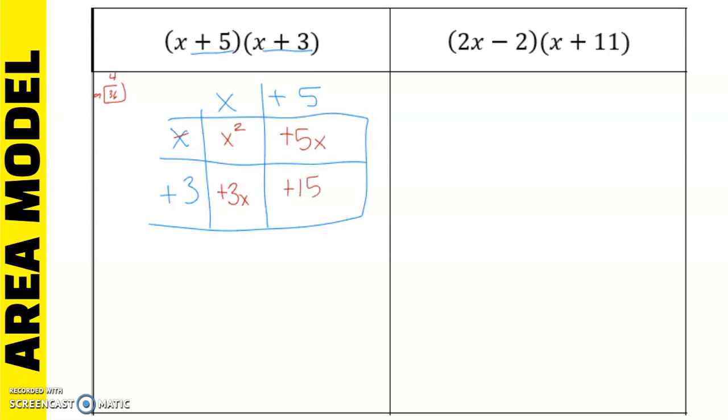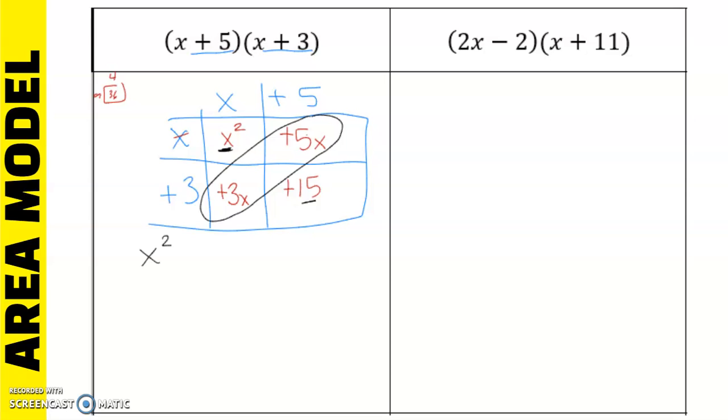Okay, I like writing the signs because it just will help my brain keep track of, like, do I have positives or negatives, right? Helping me see what operations I'm doing. What I like about this method is I can see my like terms will always be on the diagonal. And what we're going to do is go from the top left and make our way all the way to the bottom right. Okay, so I have x squared, there's no other x squared, so x squared.